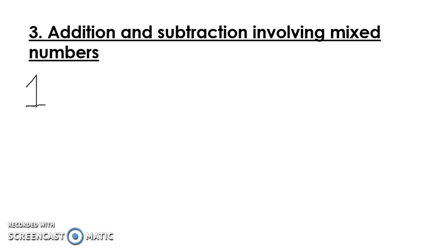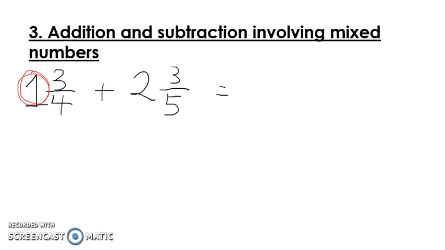The example I'm going to give is 1 and 3/4 plus 2 and 3/5. Now what is a mixed number? Mixed numbers are where we have a number and a fraction.